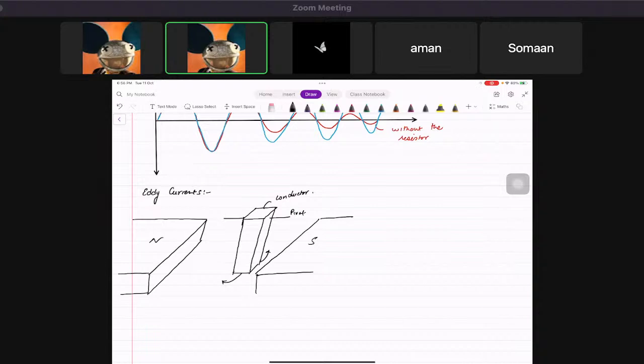Of course the oscillation will cut the magnetic field, right?